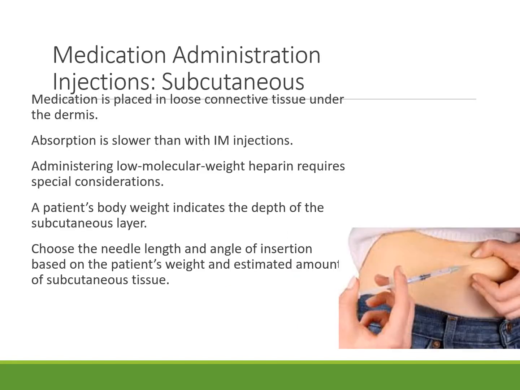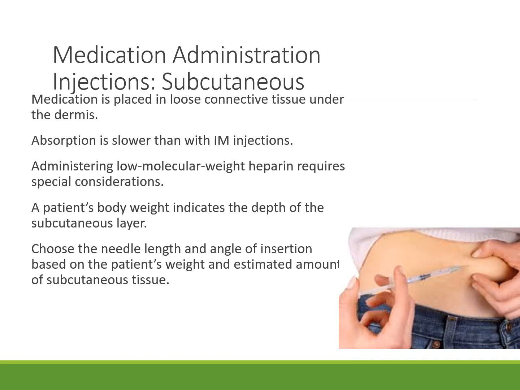Okay, next to intramuscular is administration of medication through subcutaneous tissue. So subcutaneous is the third layer of the skin before the muscles. So why is medication placed in this particular layer of the skin?